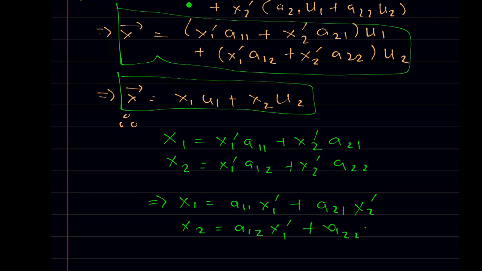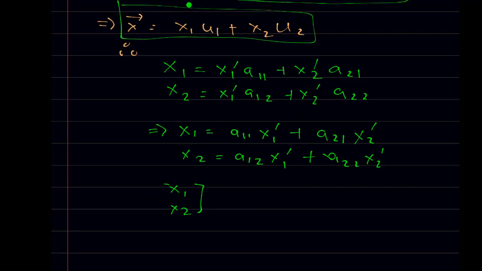Now look at this beautiful thing. So x1, x2 gives you the matrix A11, A21, A12, A22 times x1 prime, x2 prime. If you look at the matrix, this is nothing but A transpose.